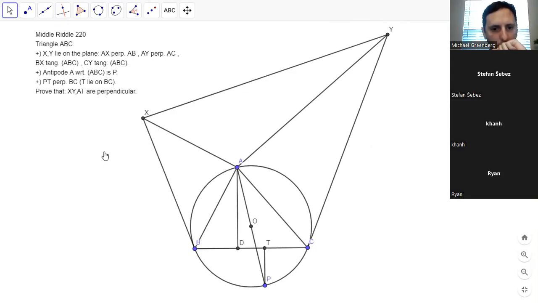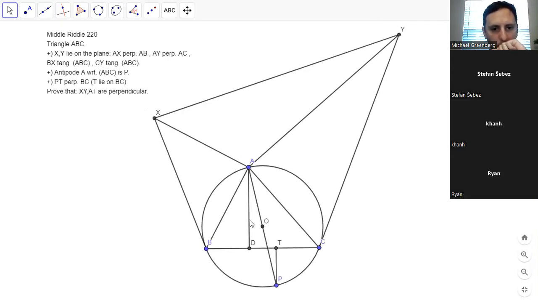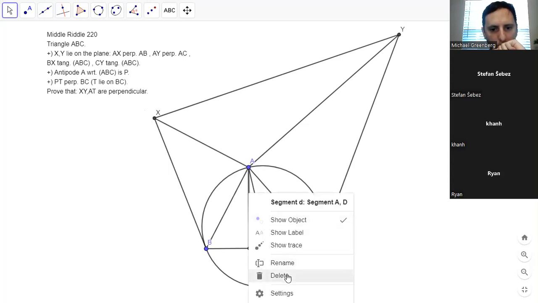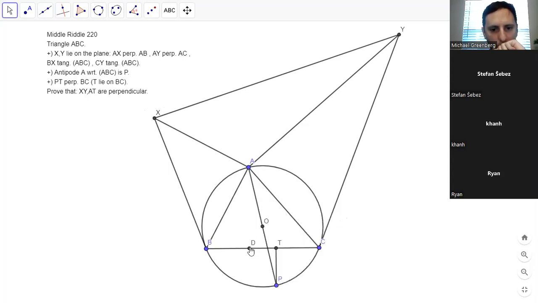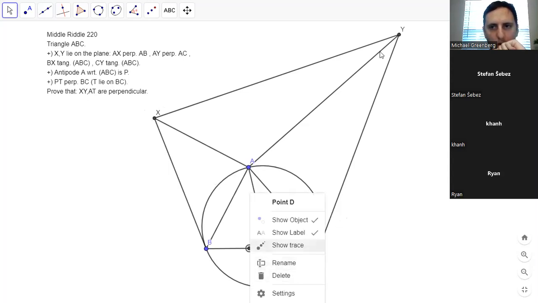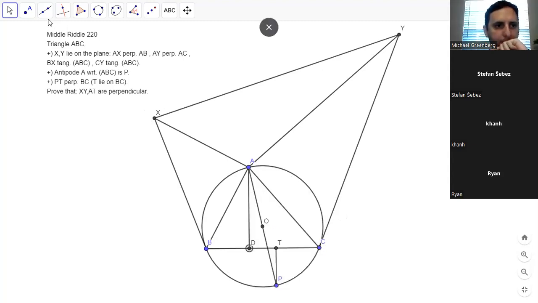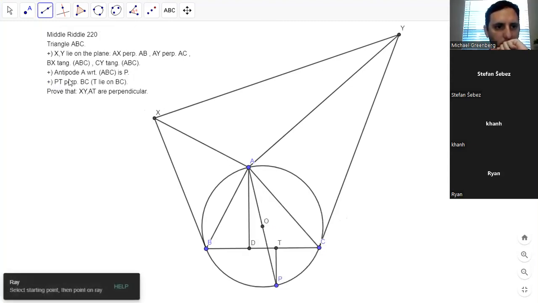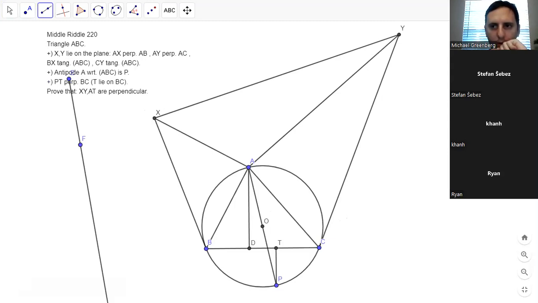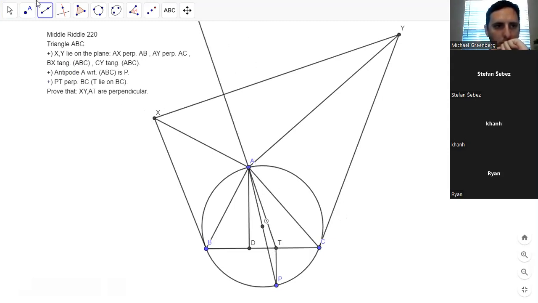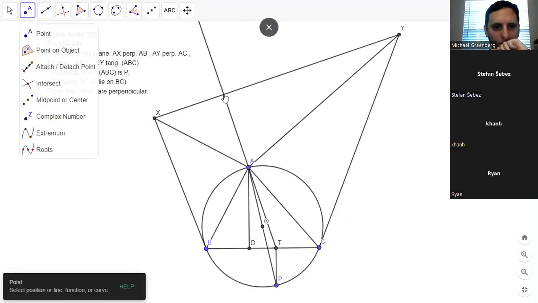Okay, so can you let AT meet XY at a point? Yeah, we will need point D. Don't delete it. We need point D. Sorry, I'm not really sure, but I'm going to try this because we don't have time left. Hopefully I'm not wrong.